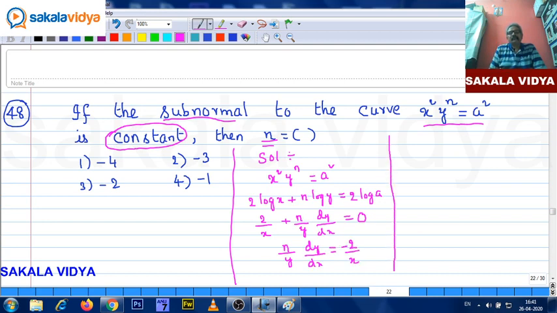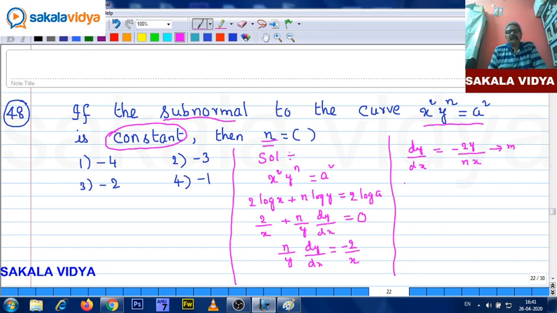Now, we can find out dy by dx. So, what is the value of dy by dx here? dy by dx is equal to minus 2y by nx. Okay, so now this will be the slope, say this is m.